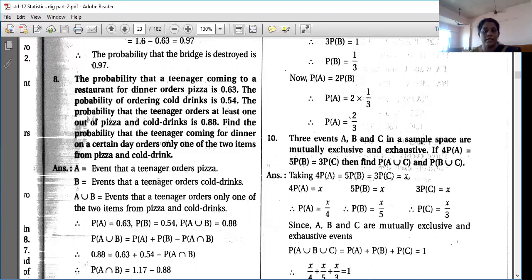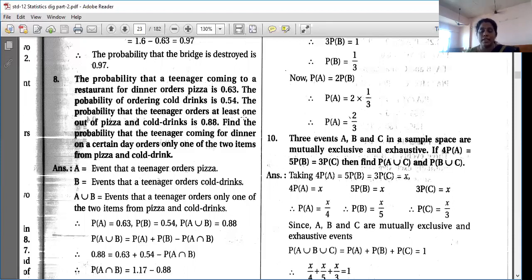See, it is directly given. See in the third line, fourth line, the probability that the teenager orders at least one. Whenever the word is there, at least one, we are using either or, है ना? Pizza or cold drink. So P of A is 0.63, P of B is 0.54, and P of A union B is 0.88.